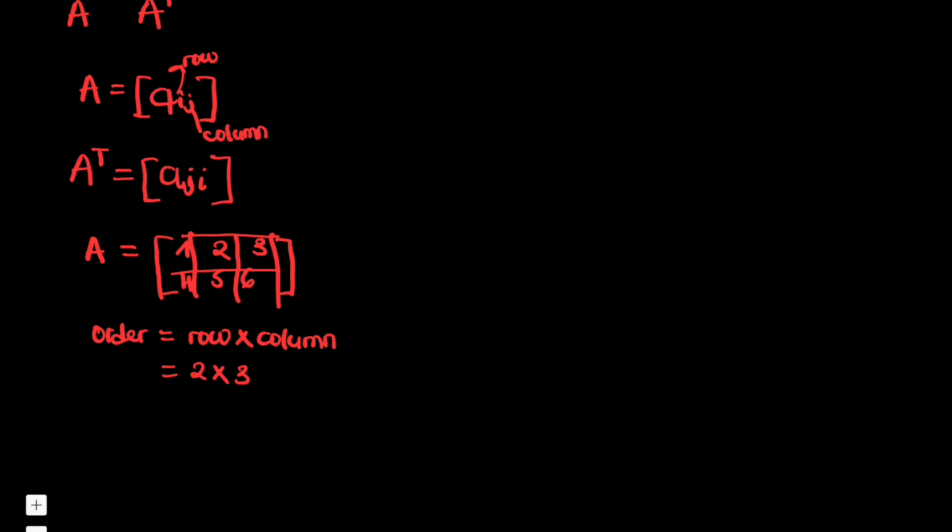Okay, so if we want to find the transpose of this matrix, then the first row, that is 1, 2, and 3, will become the first column of the transpose that we are looking for. The second row will become the second column. So we are just interchanging them.